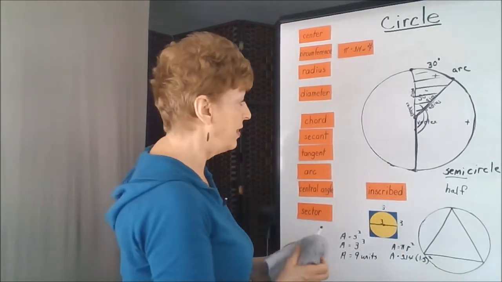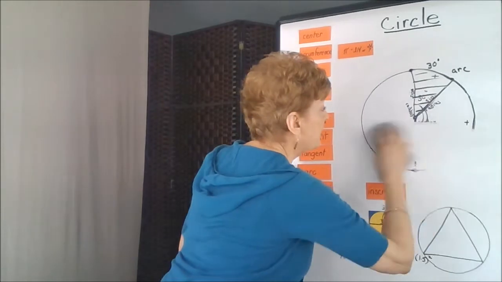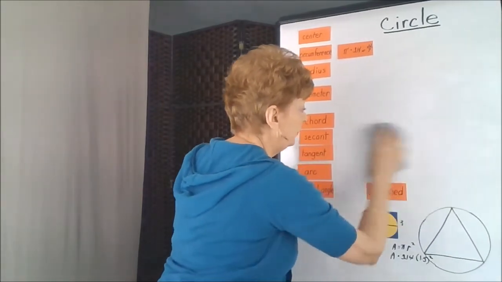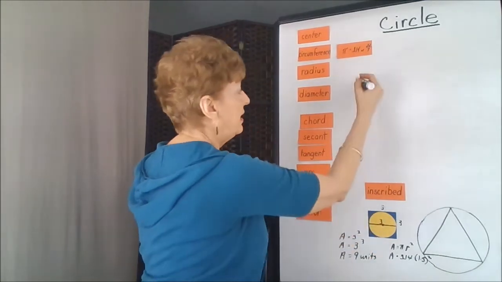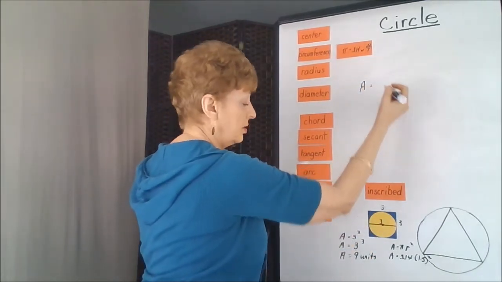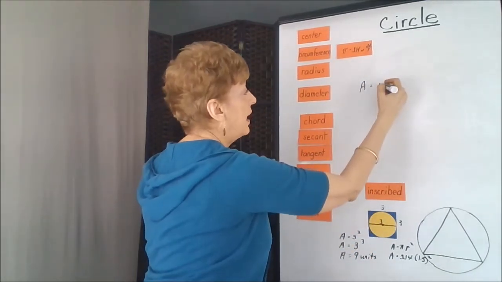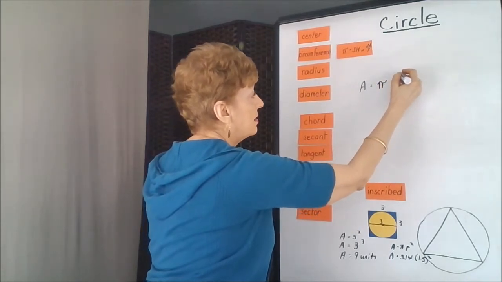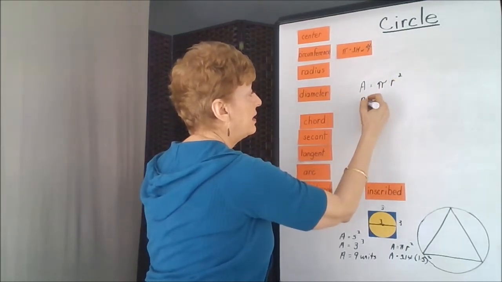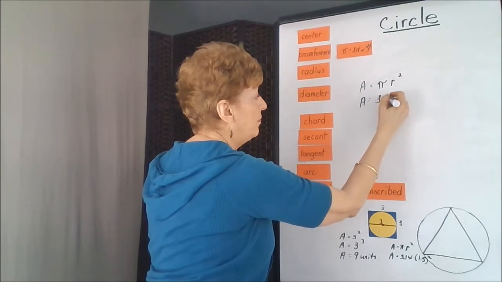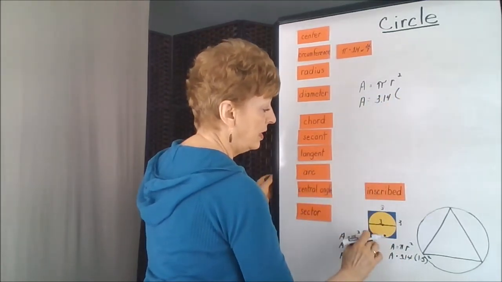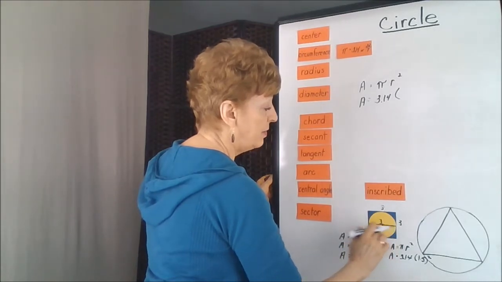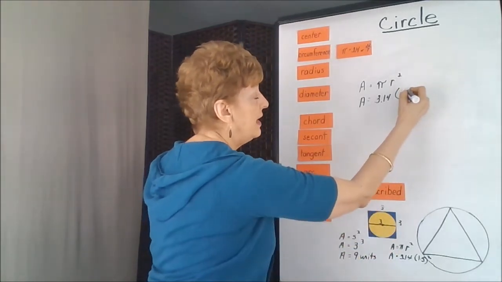So let's take a look at how that might look. Let me give myself some room. So this is where figuring the area of the circle is pi r squared. Area is equal to 3.14 times the radius. We have a diameter figure here, so we'd have to cut that in half.